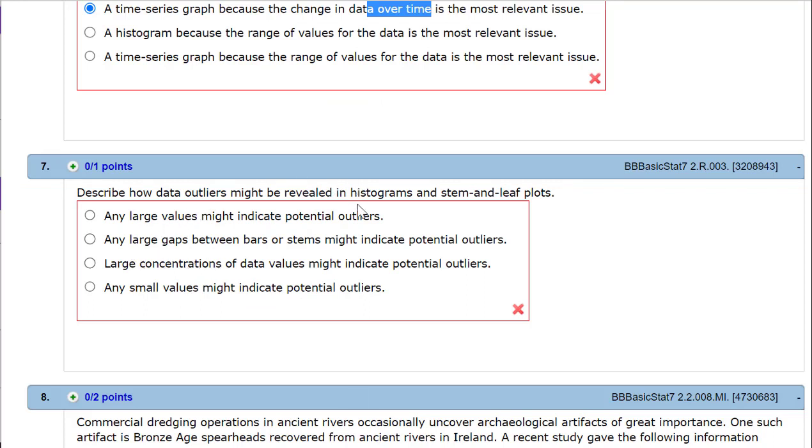So how might they be revealed in histograms and stem and leaf plots? Basically, any large gaps between bars or stems might indicate potential outliers. So the problem with the first one is it just says large values, but you can have big outliers and you can have small outliers. Same problem with the bottom one. Large concentrations of data. No, it's very small concentrations of data.